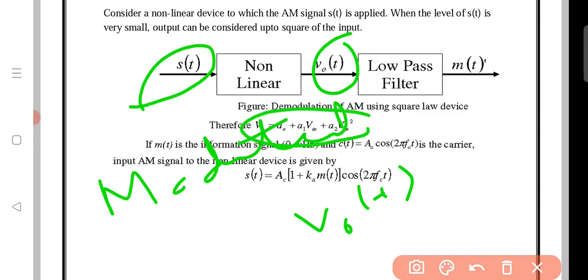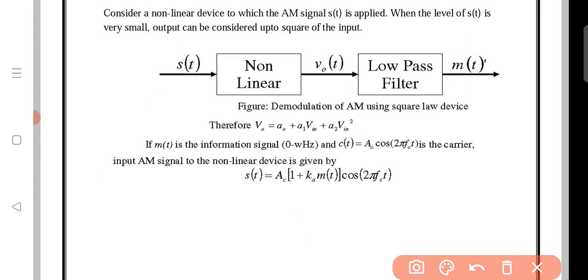After that, different higher order harmonics are present in V naught of t. But those higher order harmonics are eliminated by this low pass filter, because only low frequency signals pass through it.